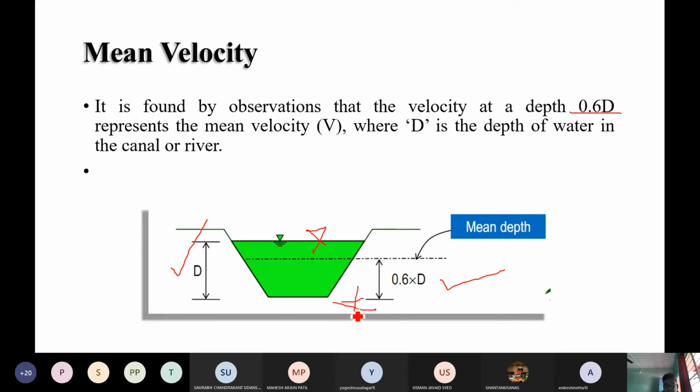So please remember, this depth of water could not be measured from the top, but the corresponding mean velocity is observed at a depth of 0.6 times of D. So D represents the depth of the available water.